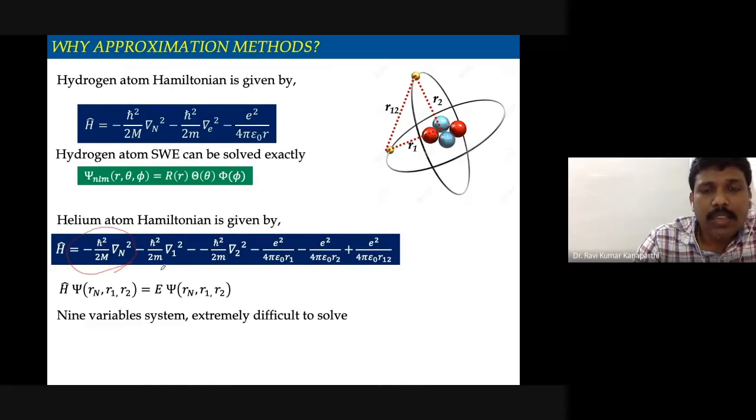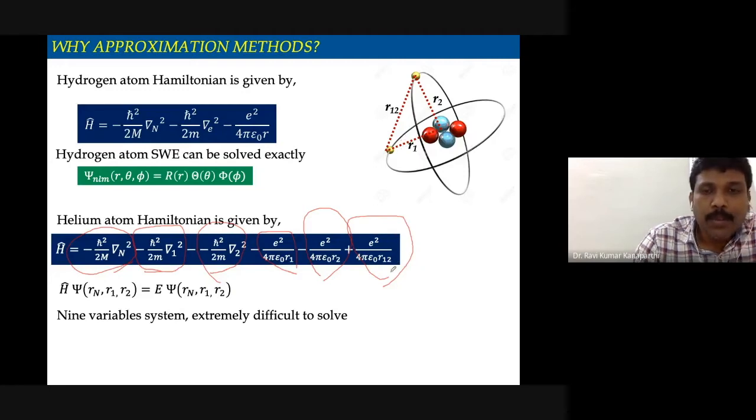Then we have 2 electrons, and for them we have the kinetic energy components. What else we have is the potential energy. The nucleus interacts with electron number 1 and electron number 2, therefore there are 2 potential energy terms. At the same time, the electrons repel each other, so we have the repulsion term.